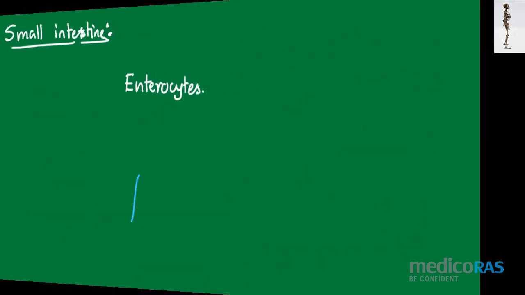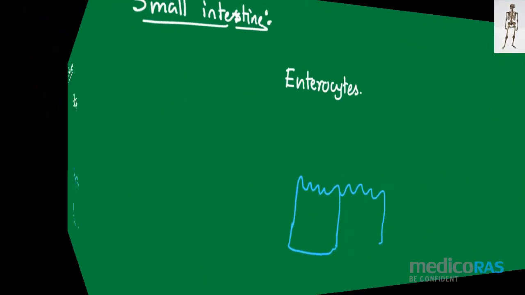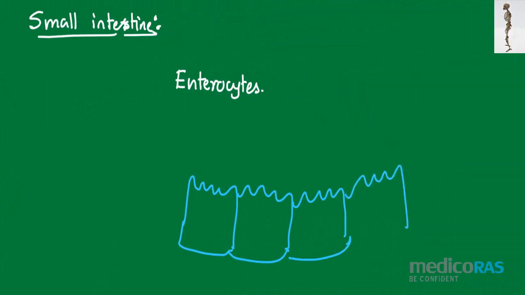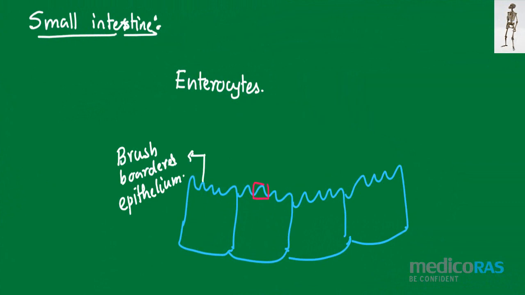Now let's see what happened in the small intestine. The cells of the intestine are known as enterocytes. In this area, we can see the brush border epithelium. There are some regions where we can see different kinds of enzymes, such as here, in the red color marking, I'm showing one enzyme, and that is known as maltase enzyme.